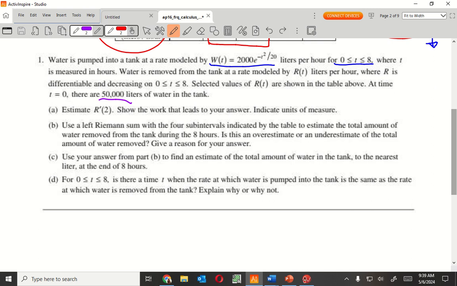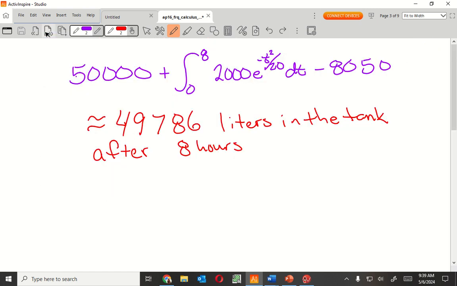Okay, so from the interval from 0 to 8, is there any time where the rate at which the water pumped into the tank is the same as the rate at which the water is removed from the tank? Explain why or why not. Okay, so we are going to do the tests.